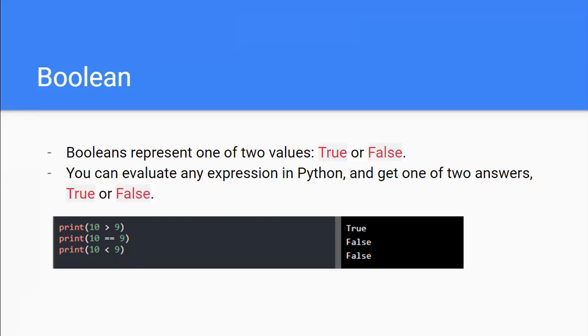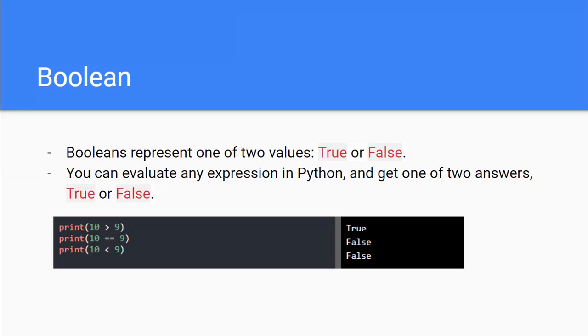That is true. So Python will evaluate that and return true because 10 is greater than 9. But if the expression is false, like 10 is equal to 9, Python will read it and it'll return false because 10 is not equal to 9.